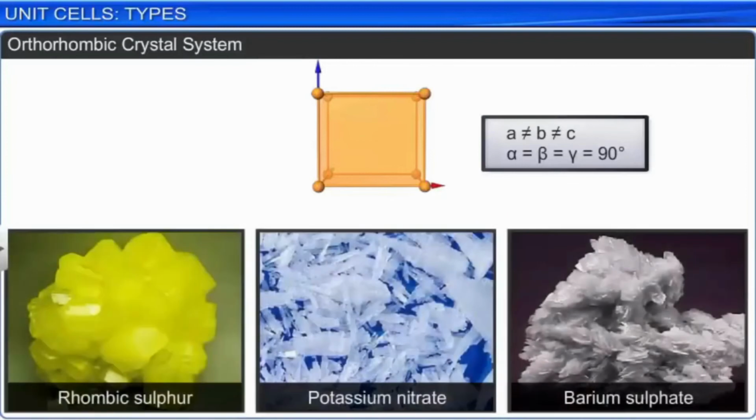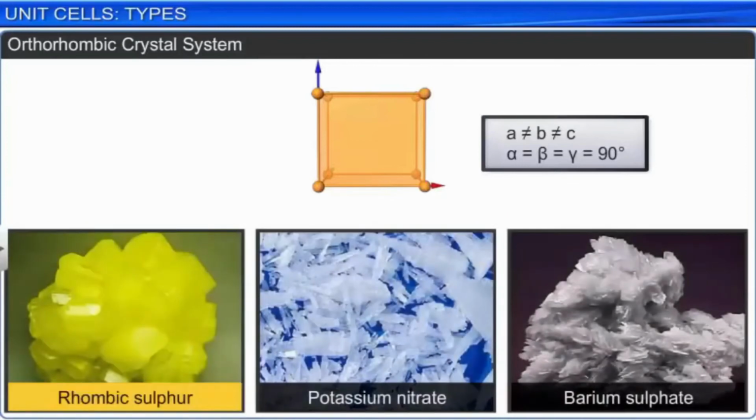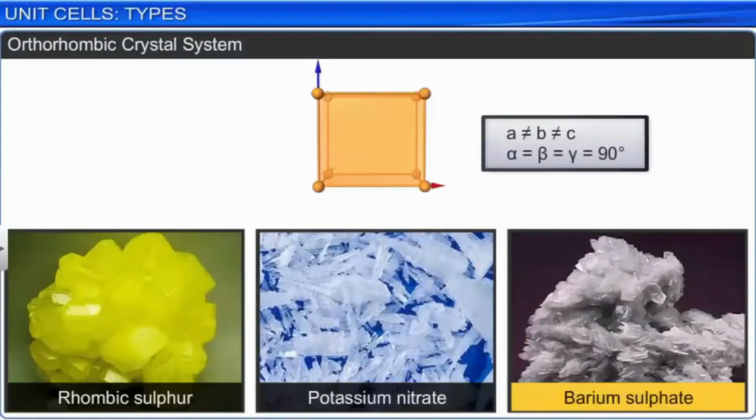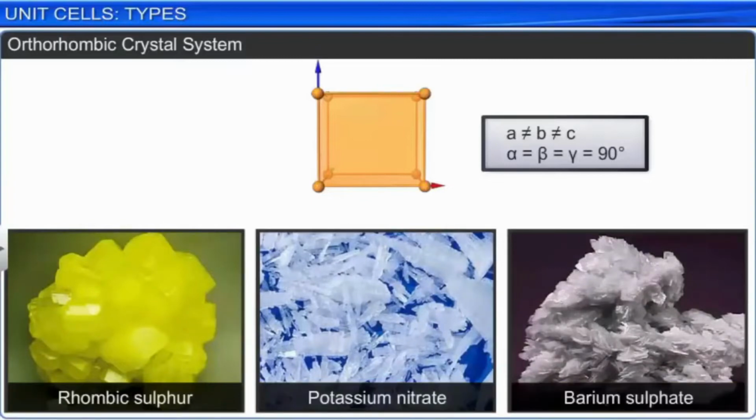Rhombic sulfur, potassium nitrate, and barium sulfate are examples of this type.